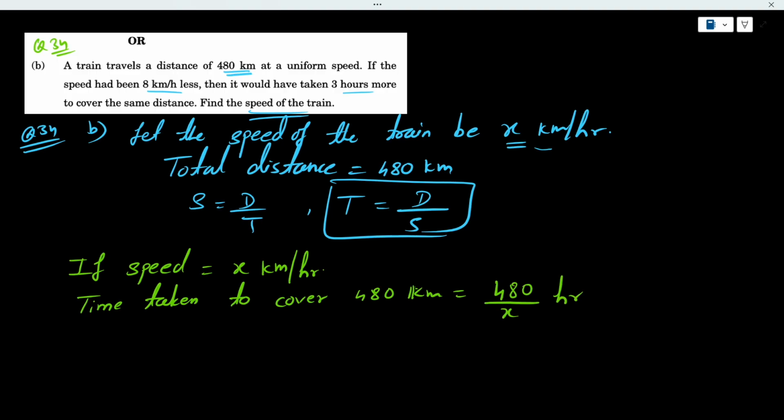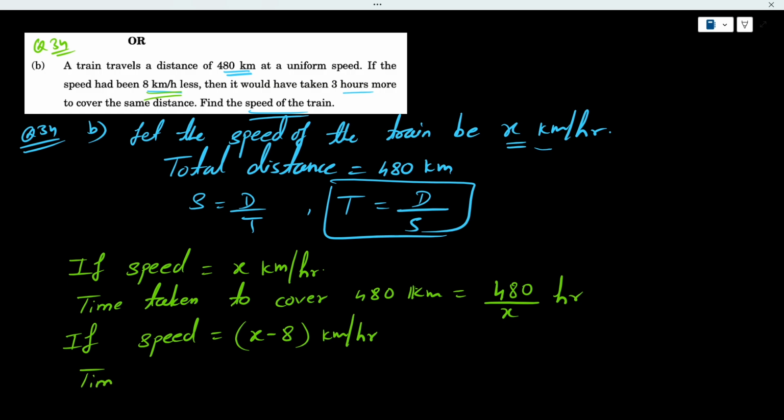This much time it is taking when the speed is uniform, which is x kilometer per hour. And in the second case given here, the speed is 8 kilometer per hour less. So if speed is less, you are going to subtract 8. This is x minus 8 kilometer per hour.